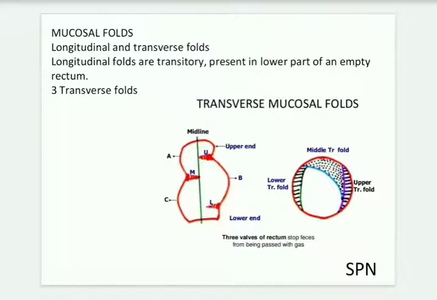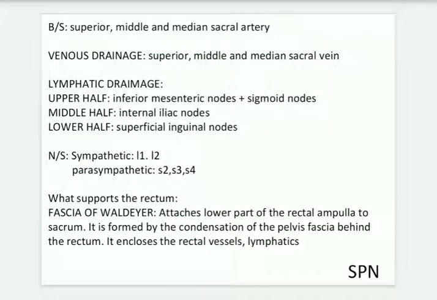You can see three transverse folds in this picture: the upper first transverse fold, the middle second transverse fold, and the lower third transverse fold, with the lumen in the middle. So there are three transverse folds in the rectum.